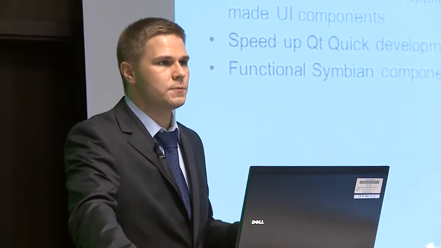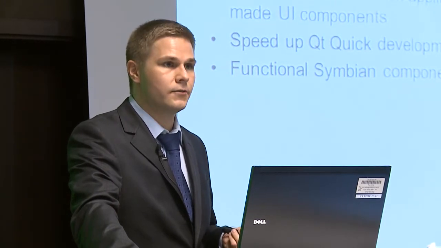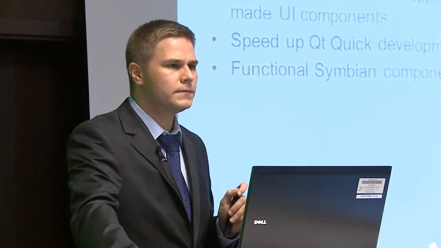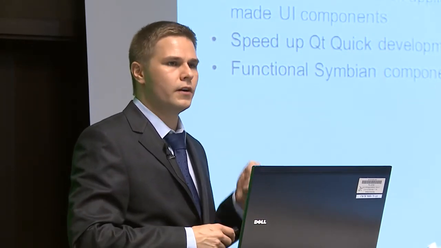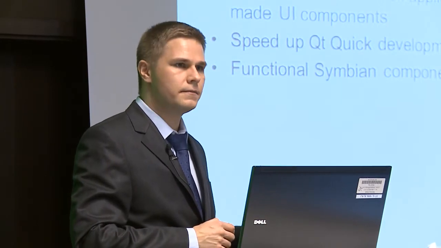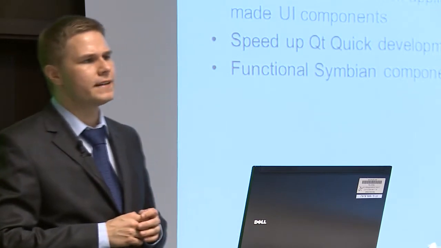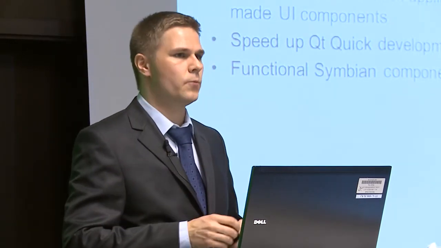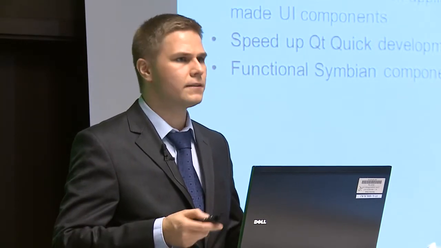It's designed to speed up the development and provide some nice and really functional components. There is one thing though. The components are at the moment available for a couple of platforms, for Symbian and for MeeGo. And they don't act completely in the same way. And that shouldn't actually be surprising because they are different platforms.